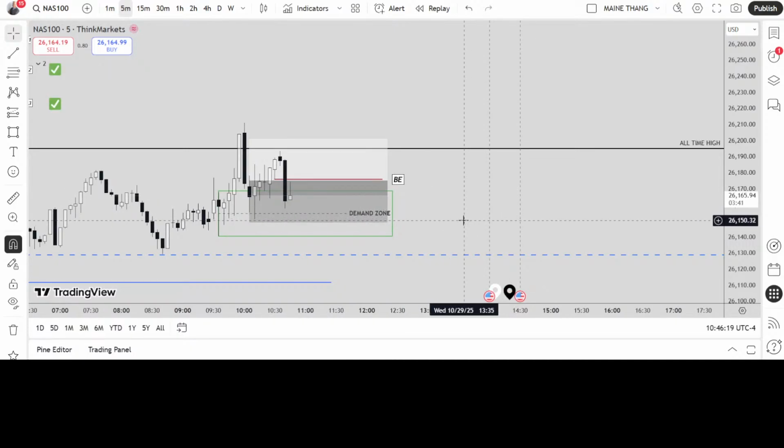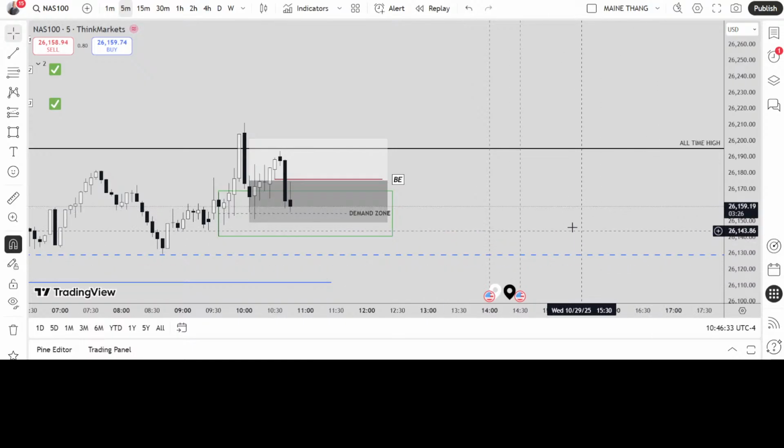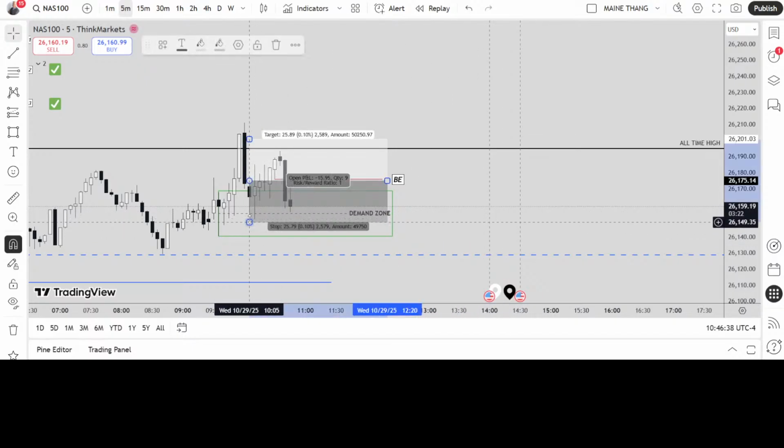She looks like she wants to go low, y'all. Yep. Approaching our original stop, below this candle here.